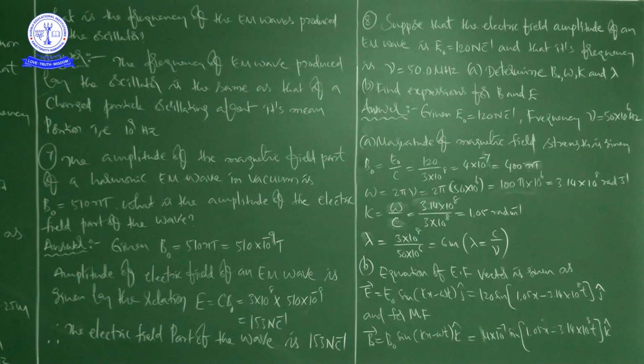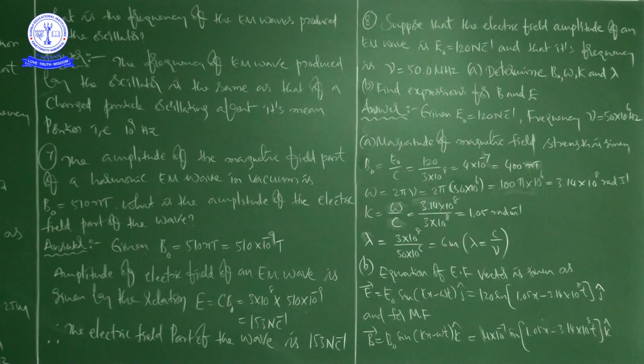Next, find expressions for B and E. What they have given is that the electric field amplitude of the electromagnetic wave is E naught is equal to 120 Newton per Coulomb, and the frequency is 50 megahertz.